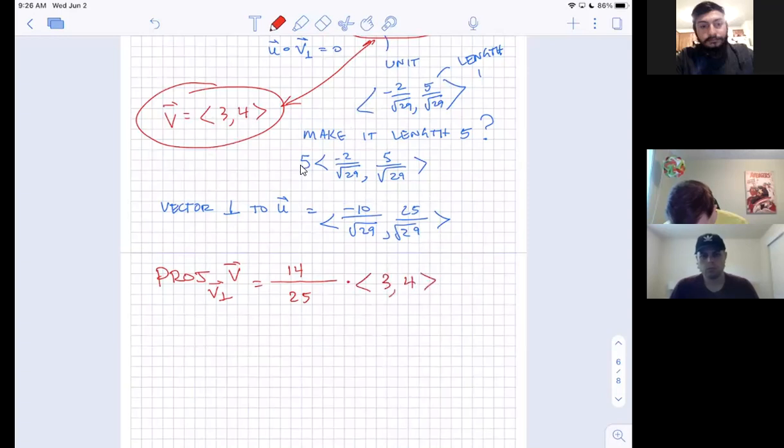Isn't that true? So I get 42 over 25, which is 1.68, and I get 56 divided by 25, which is 2.24.